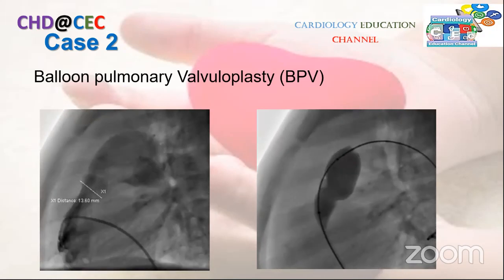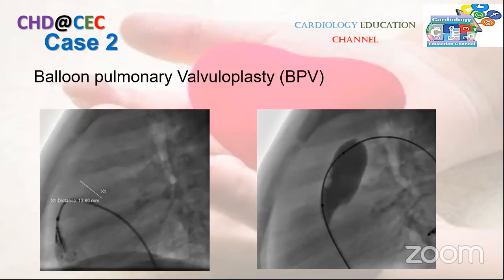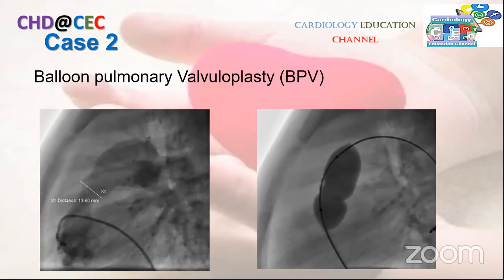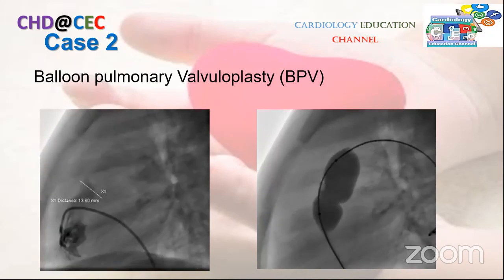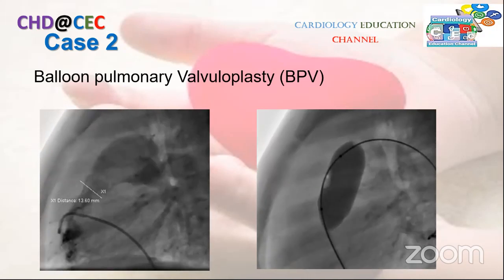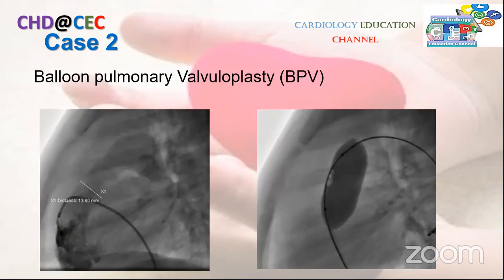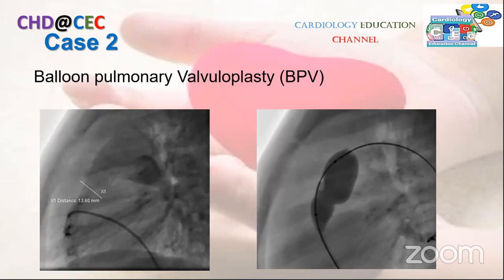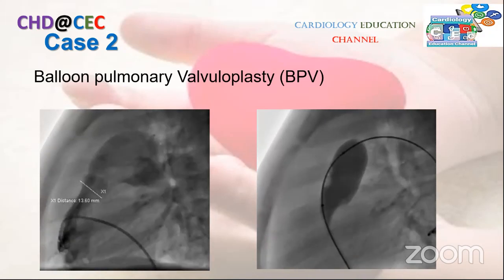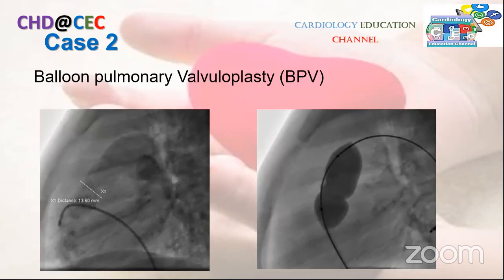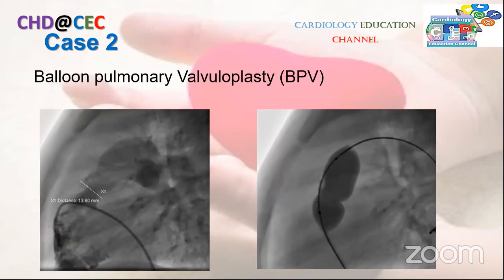The second most important advantage is that we need a smaller size of sheaths, so a lesser extent of femoral venous access complications. About the sizing of the balloon, we choose a balloon size ratio to the pulmonary valve annulus of 1.2 to 1.4. So the balloon size is 1.2 to 1.4 times the size of the pulmonary valve annulus.